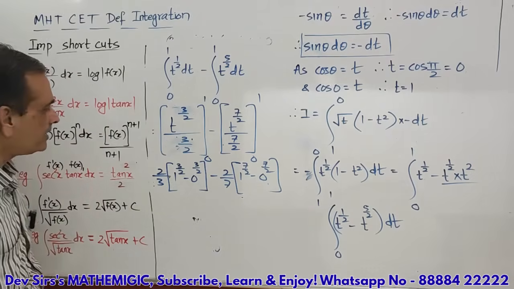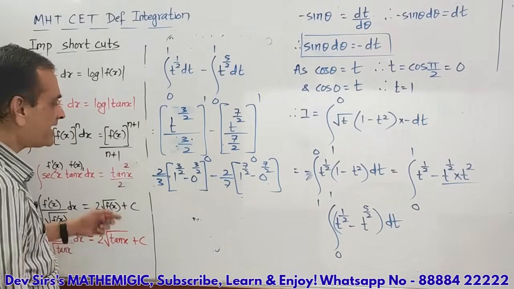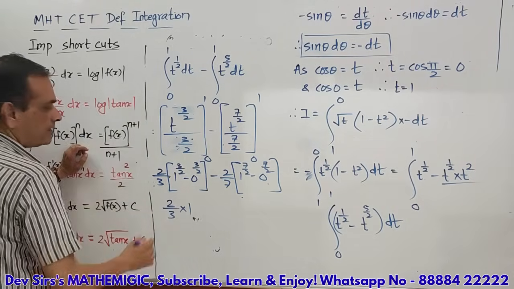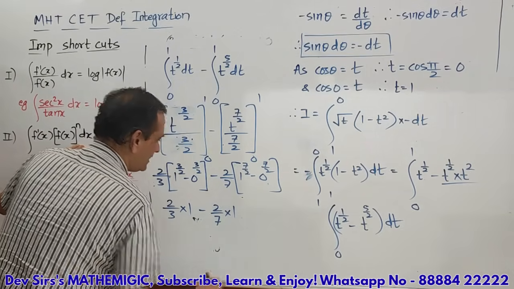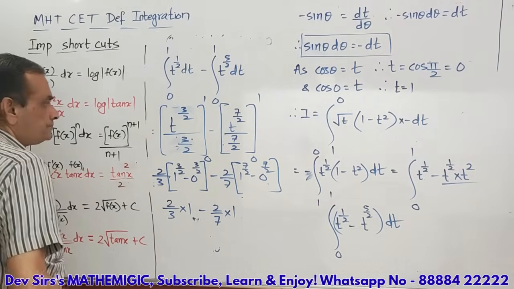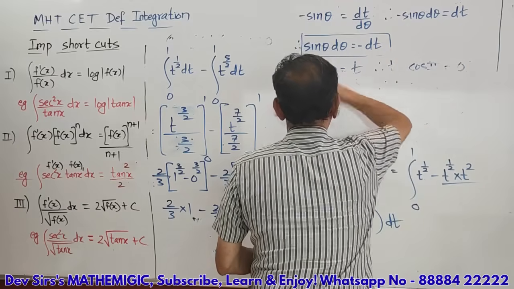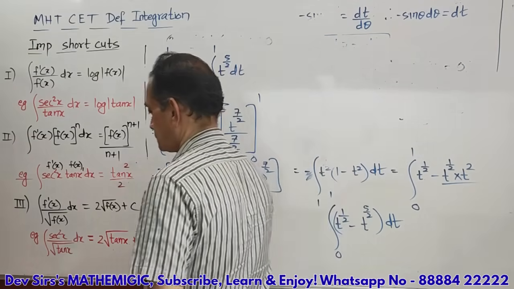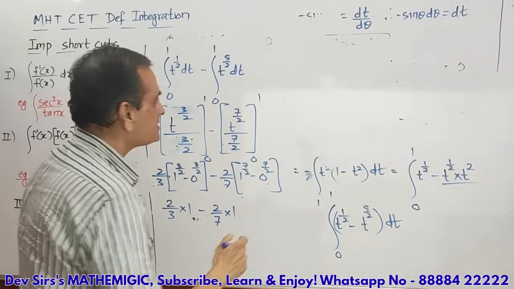Now remember one important rule. 1 raised to anything is 1, even if it is a fraction. So 2/3 into 1. There is no need to write 0. 2/7 into 1. Come on, last step. 2/3 minus 2/7.